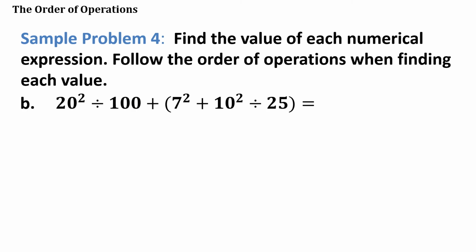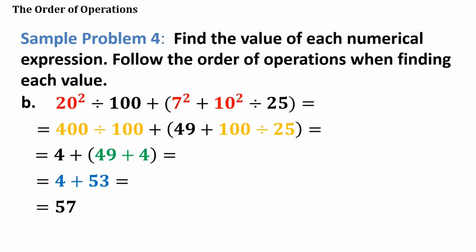Let's do another one right here. And again, every time is getting a little bit harder. So try to pause this video at this point and check out the answer in the next slide. And all that we did here was answer what was inside our parentheses first. We started with our exponents. And then we solve our division.